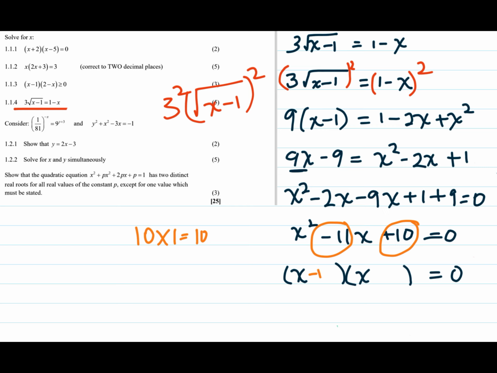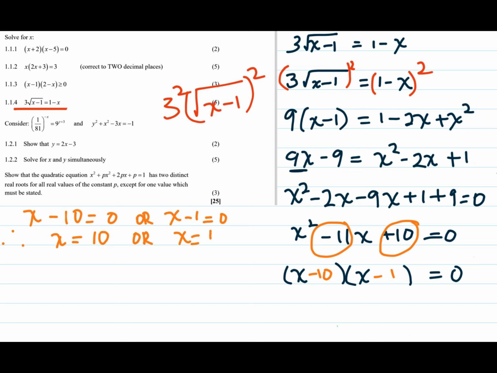So we'll have minus 10 in the one bracket, minus 1 in the other bracket. This means that x minus 10 is equal to 0, or x minus 1 is equal to 0. Therefore, x is equal to 10, or x is equal to 1.